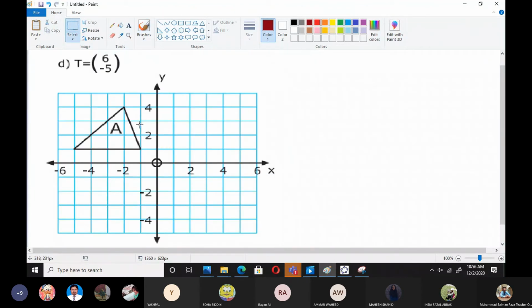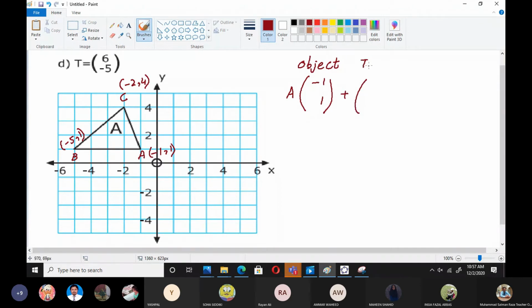Now, guys, the very first thing is we are going to take the coordinates. So it is minus 1 and 1. The translation matrix to be added is 6 and minus 5, and I'll add it later on. First of all, I'll write all my coordinates over here.